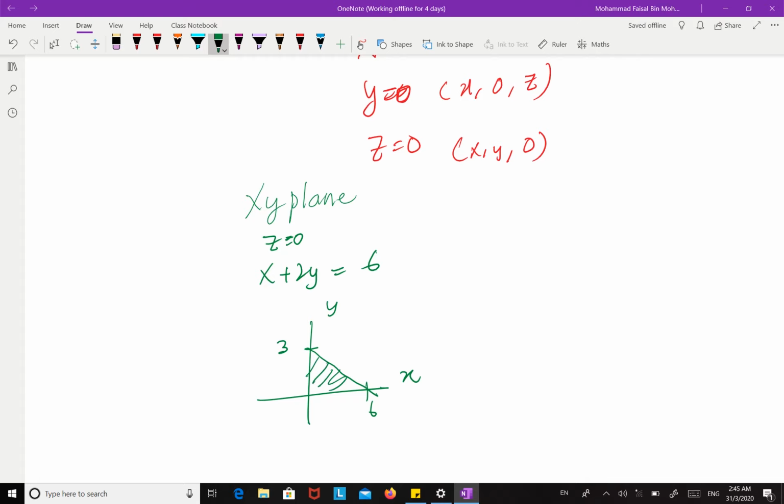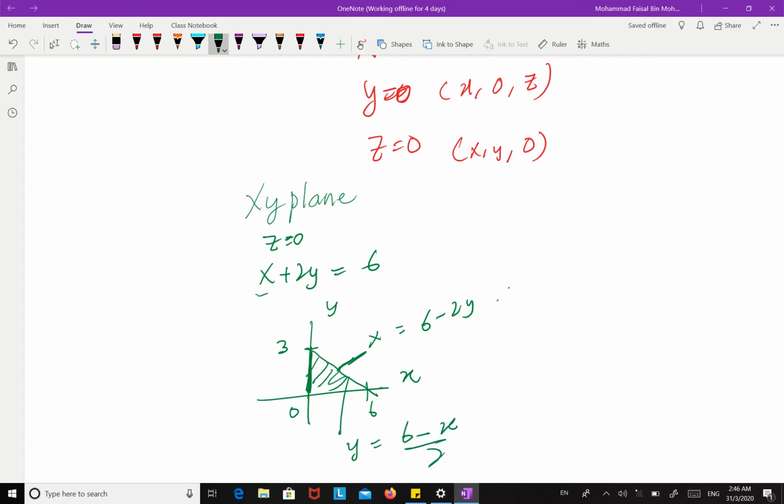This is the line x plus 2y equals 6. I can write x as 6 minus 2y, or I can write this line as y equals (6 minus x) over 2.